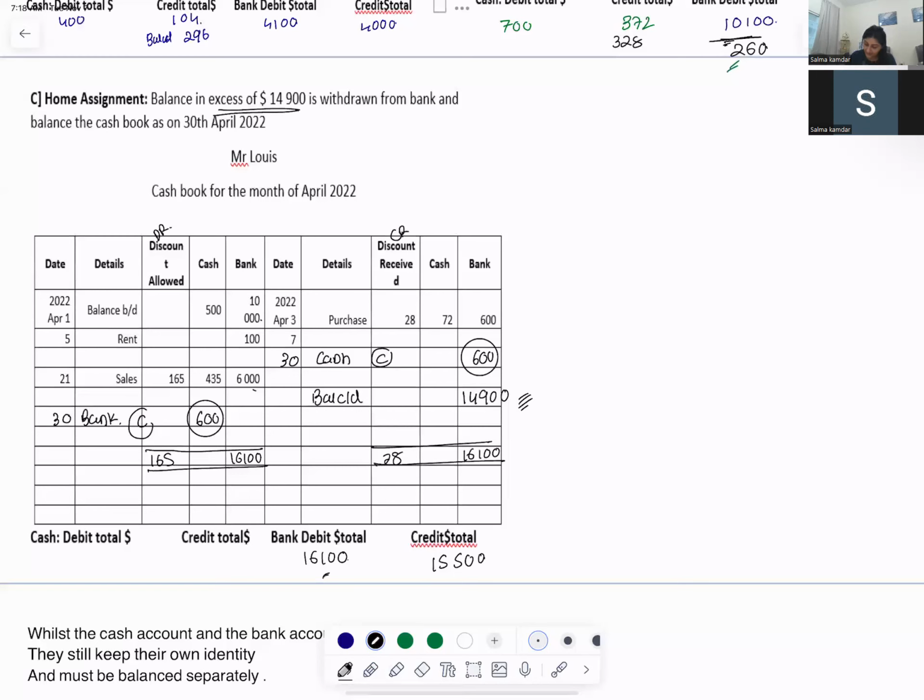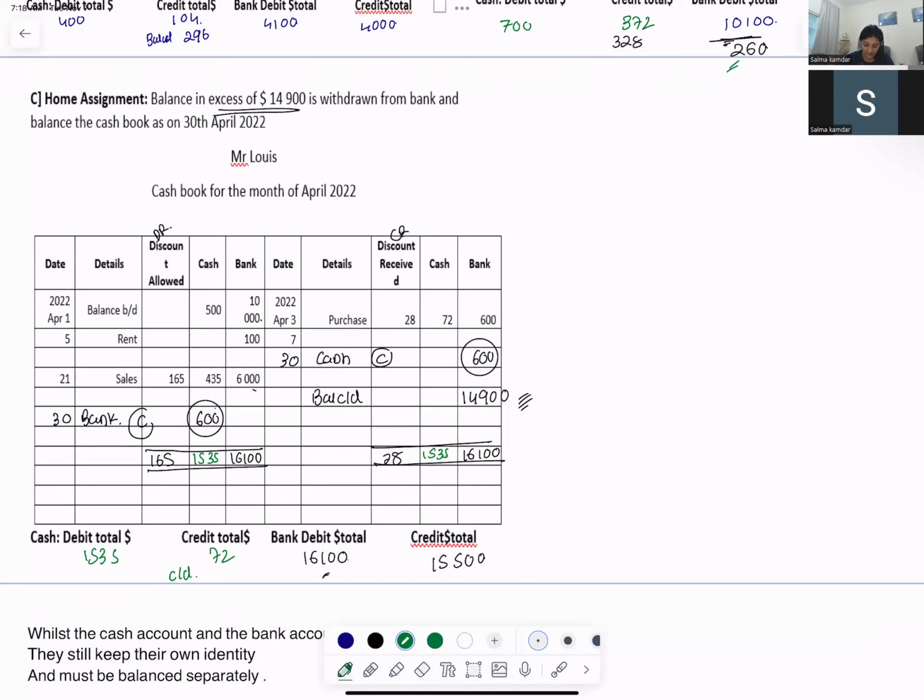16,100. Now I'm closing the cash account. Cash account will always have a debit balance. So 1,535 is the debit. Credit is 72. 1,535 I will write on both the sides. Balance close down will be on the shorter side.